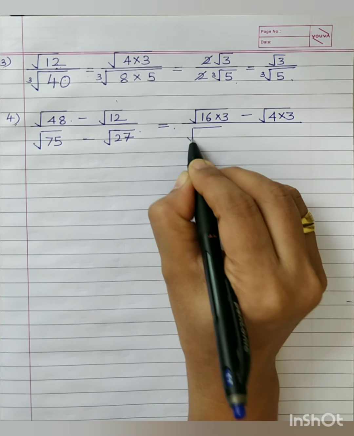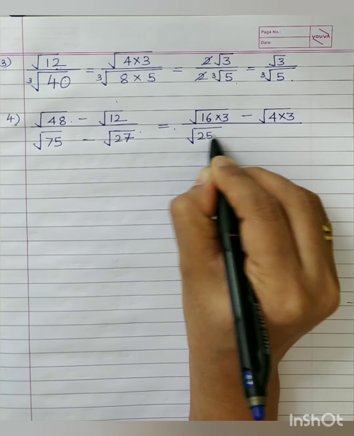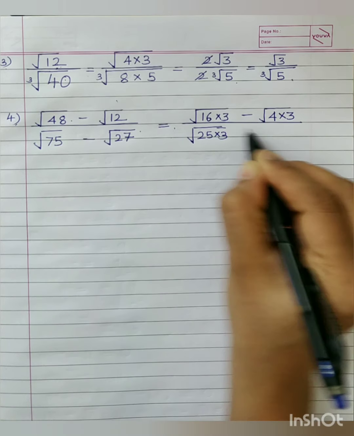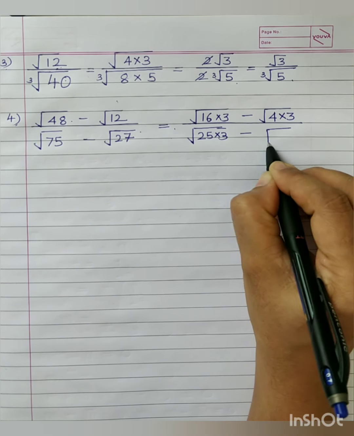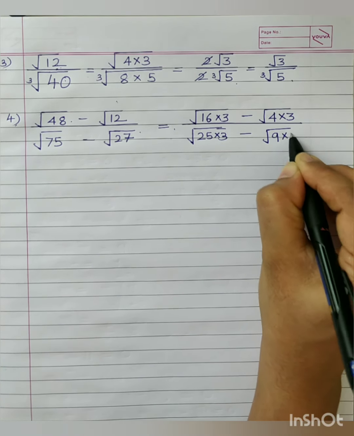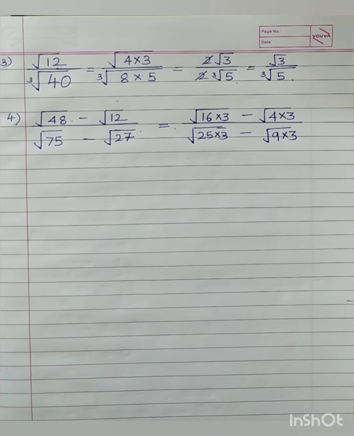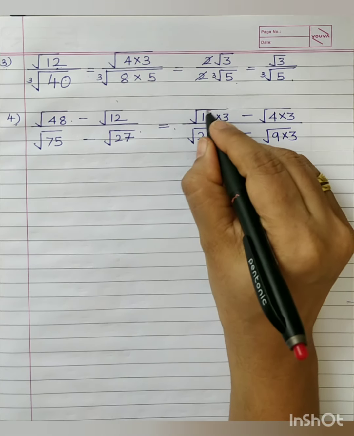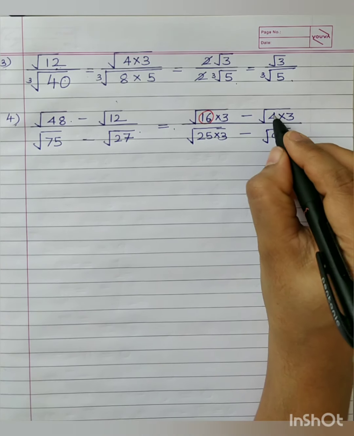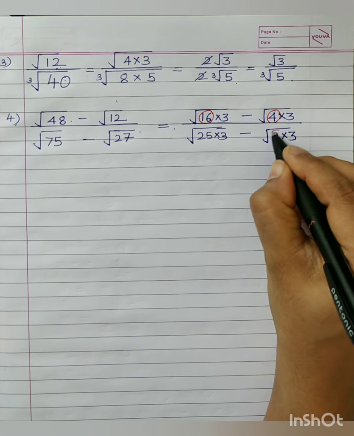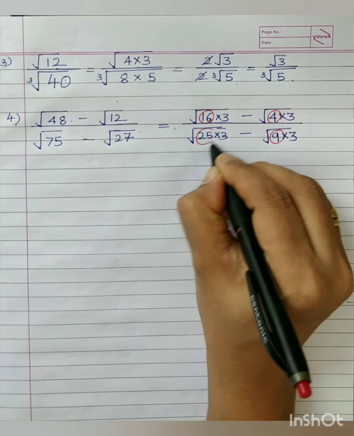In the first question only we have seen 25 into 3. Root 27, 9 into 3. Clear? So for 16 what comes out? 4. 4, 4, 2, 9, 3, 25, 5.